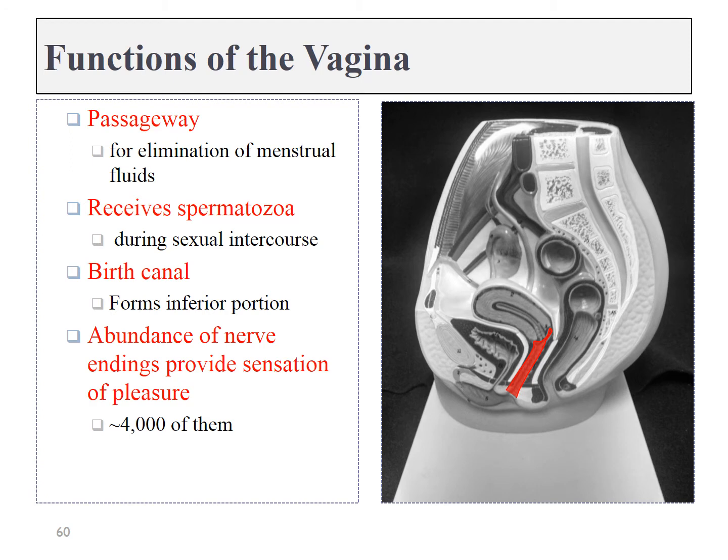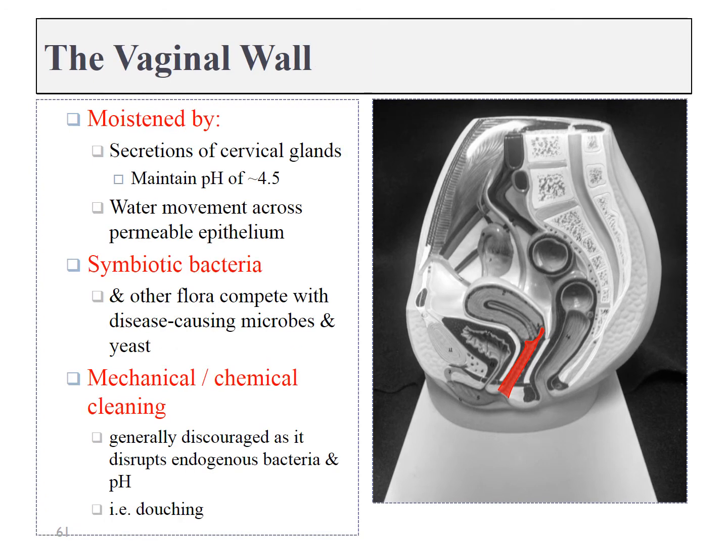There's also a large number of nerve endings here, roughly 4,000, depending on which woman you are measuring. And just like we've seen with the urinary tract and the digestive tract, the vagina has an epithelial lining and a bunch of subepithelial glands which produce a number of important secretions.